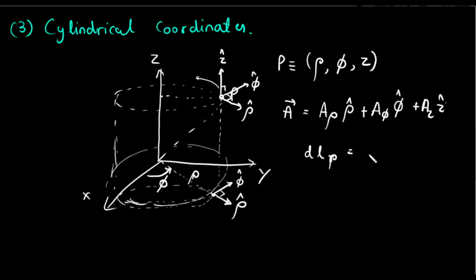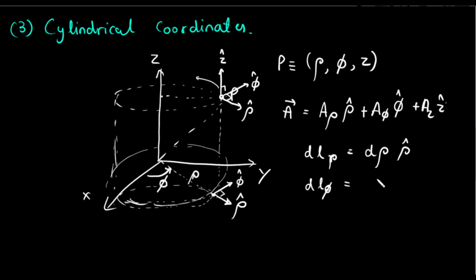So it is going to be d rho, because this rho can be changed infinitesimally, d rho times rho hat. So now the infinitesimal displacement vector along the psi hat direction is going to be my dl psi.